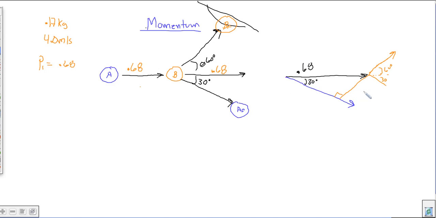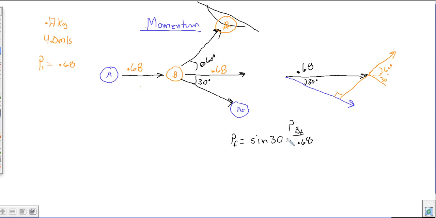So let's go for the B ball right here. So the B ball, the momentum final of the B ball, right, is going to equal, let's see, this is going to be the sine of 30 equals, this is the hypotenuse here, so I have the opposite. So let's go the B ball's final divided by 0.68.